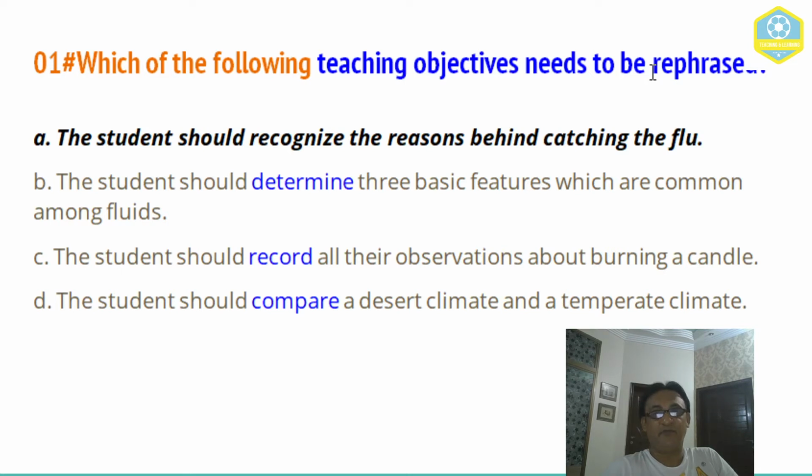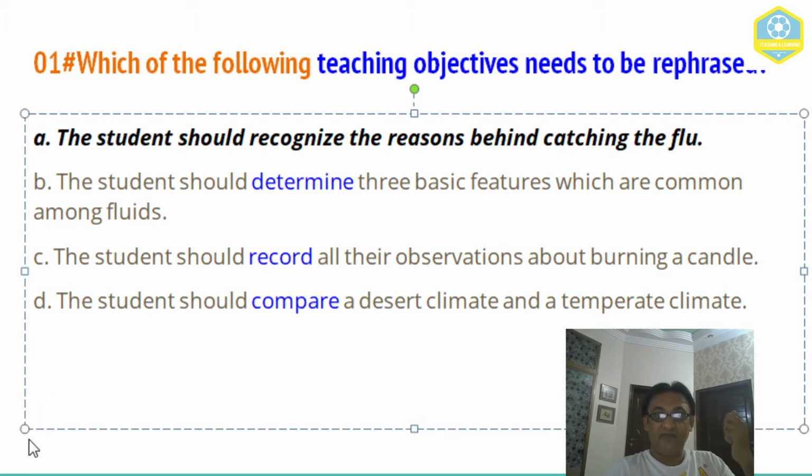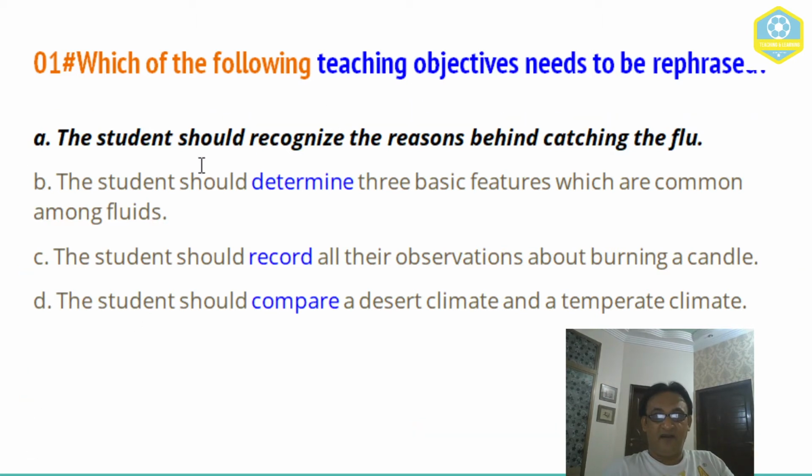Second thing, you can see action verbs according to Bloom's taxonomy, or the six domains of Bloom's taxonomy, which are suitable and which are not. Every Bloom's taxonomy action tells the domain and the level of the learner.